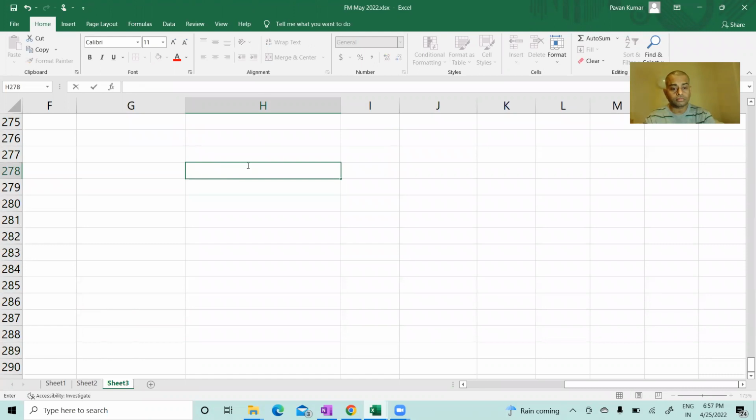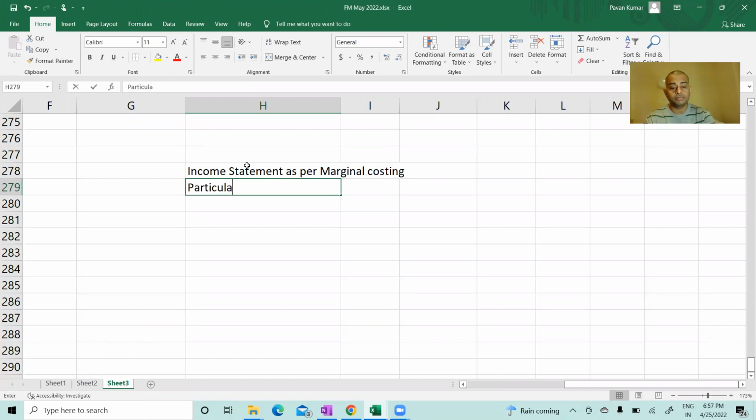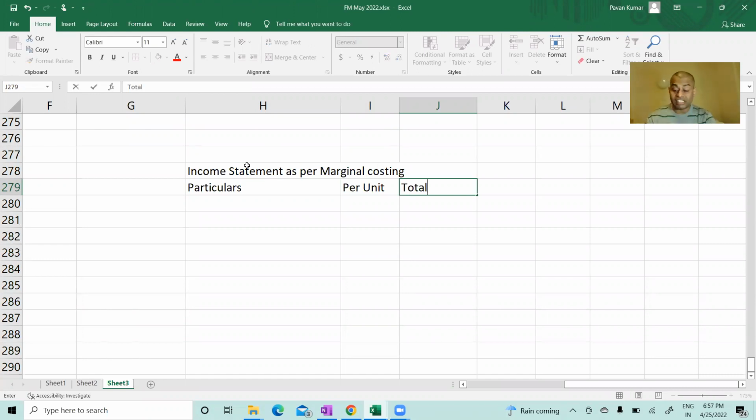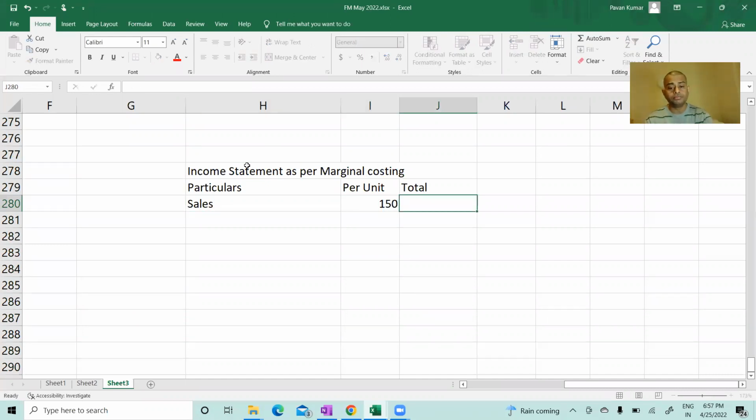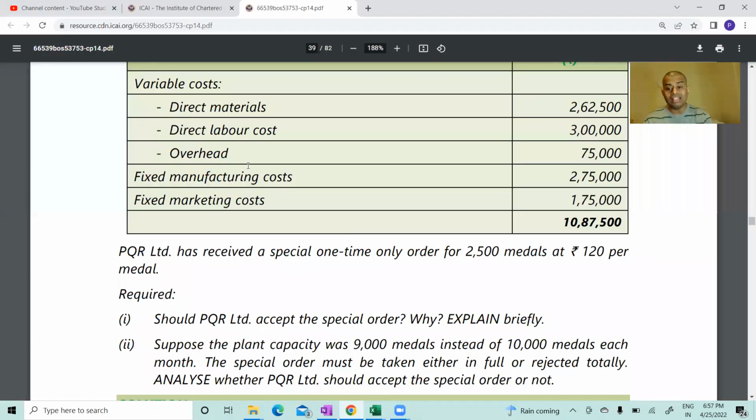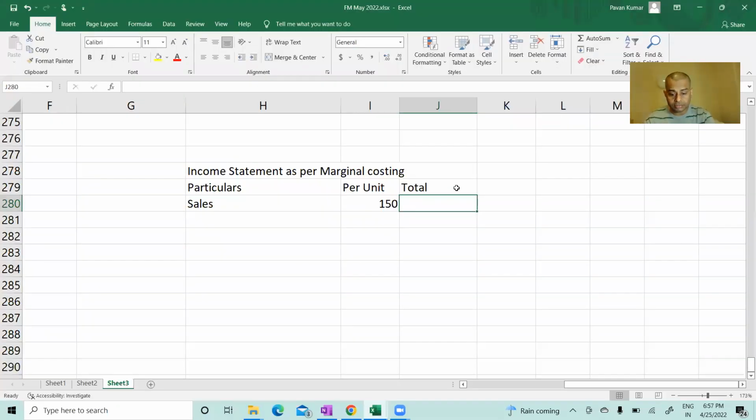So, income statement as per marginal costing. Particulars, per unit, total. This is at present. Sales per unit 150, total 7,500 units. This is equal to this into 7,500.